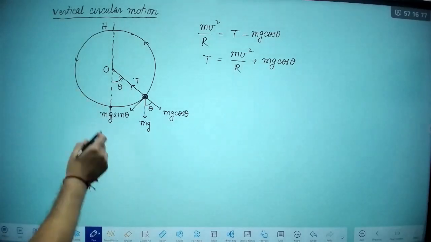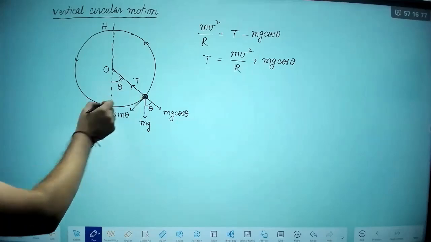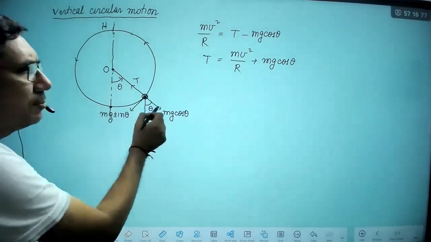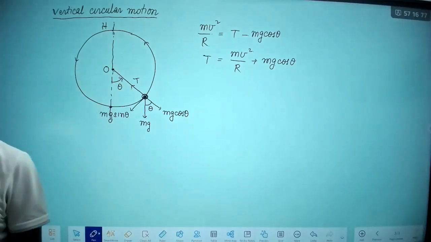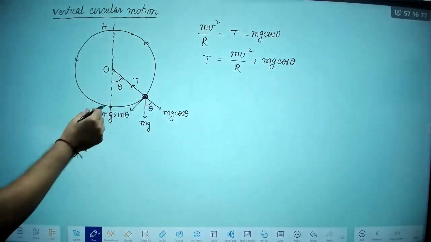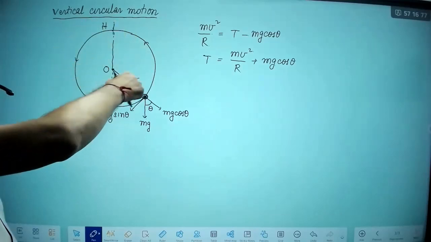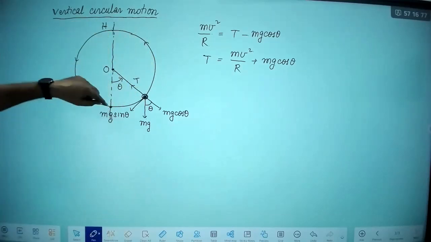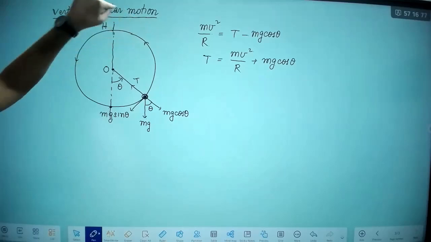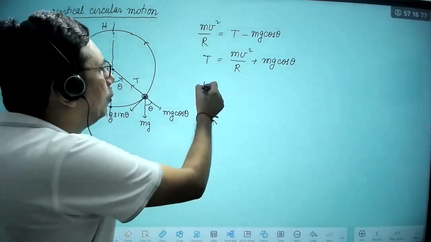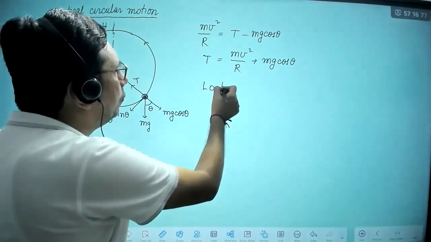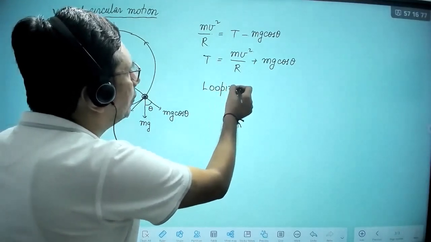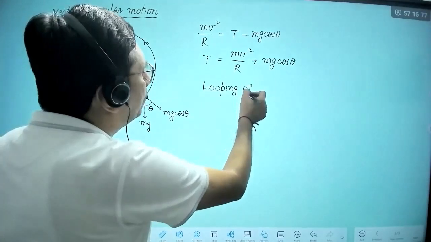If you are providing some velocity to this mass and you want it to complete the cycle, this process in which the mass completes the cycle is called looping of the loop.